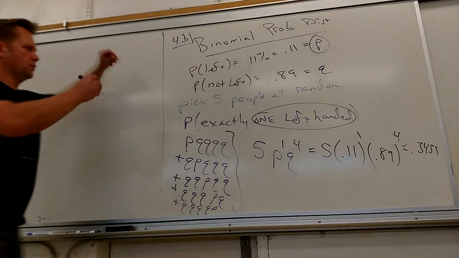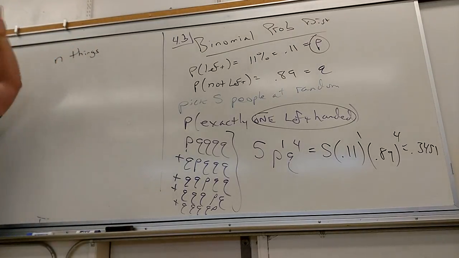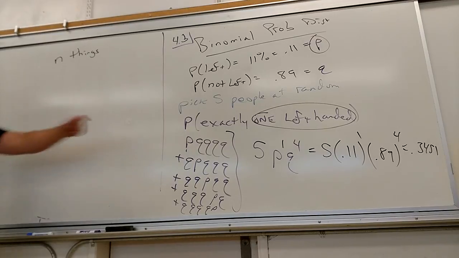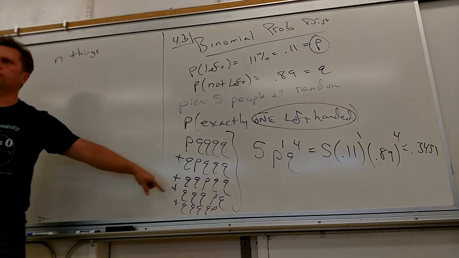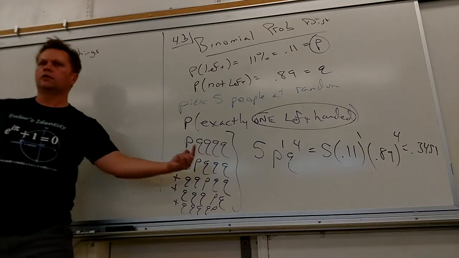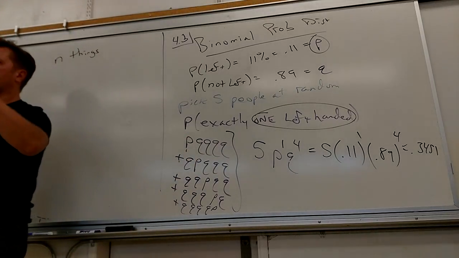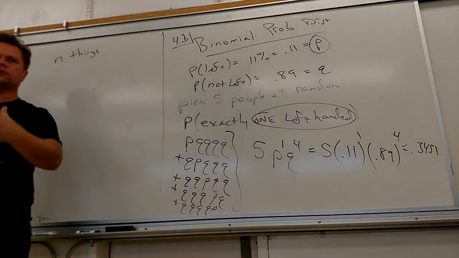So in general, I'm going to have n things. Thank God, n just always means the total number of things. In this case, we call it the total number of trials. So here's one trial, another trial, another trial. Right? I'm sorry. 1, 2, 3, 4, 5, this way. This is going to be something we're going to do in the calculator, because the calculator is basically built to count.